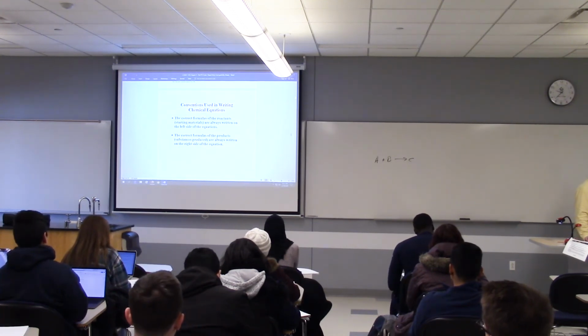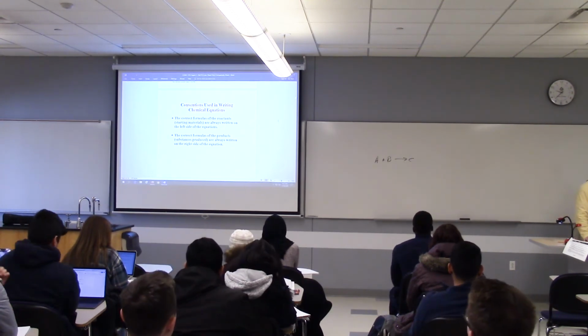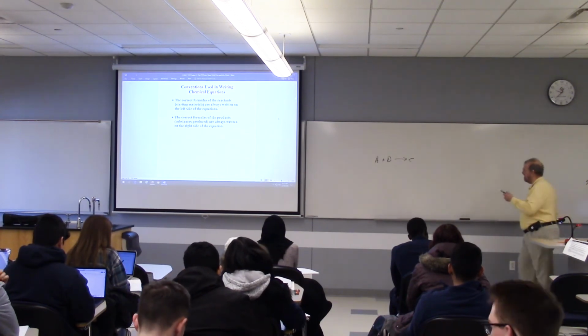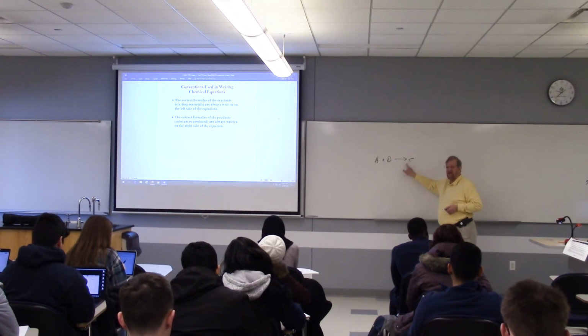Now, there are certain conventions. First of all, you should always use the correct formulas, and I'll talk about that in a second. When we look at a chemical equation, we have an arrow. The arrow has a tail and a head.